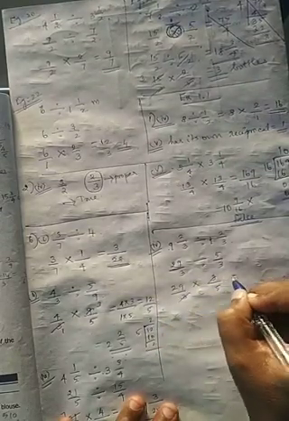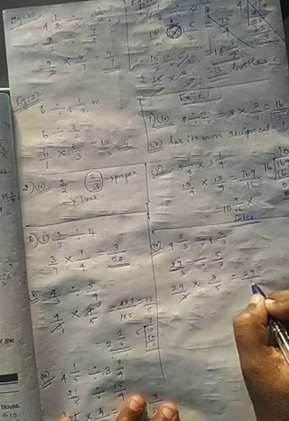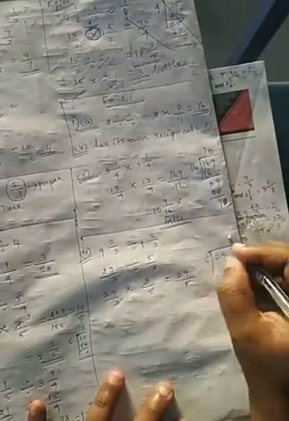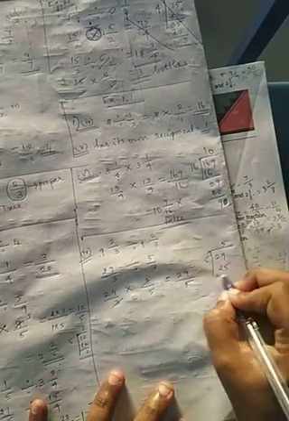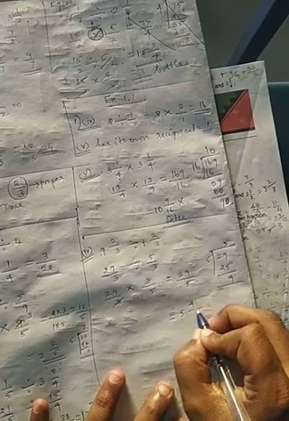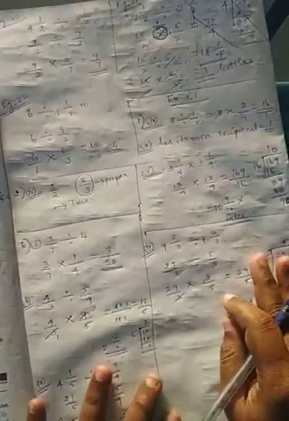This 3 will get cancelled. You will be getting 29 by 5. Divide this 29 by 5. 5 5s are 25, remainder 4. So it is 5 4 by 5 will be the answer. Okay.